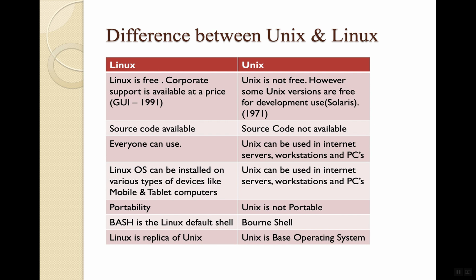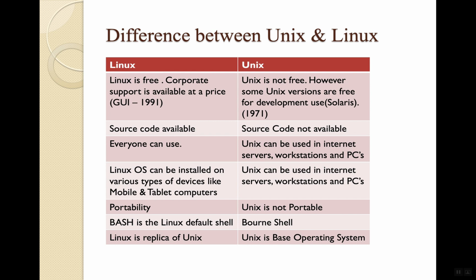This Linux OS can be installed on various types of devices like mobile. Everyone uses a smartphone, but internally it is a Linux OS. And Unix, as I already said, is used for internet servers and workstations. And Linux is portable, nothing but you can keep the software in a pen drive, then boot your system and install Linux. But Unix is not portable.